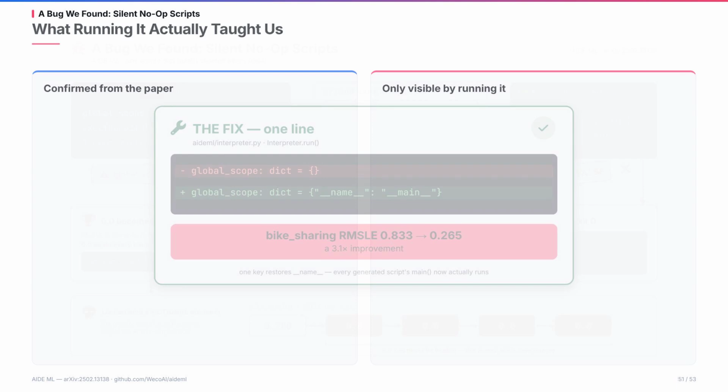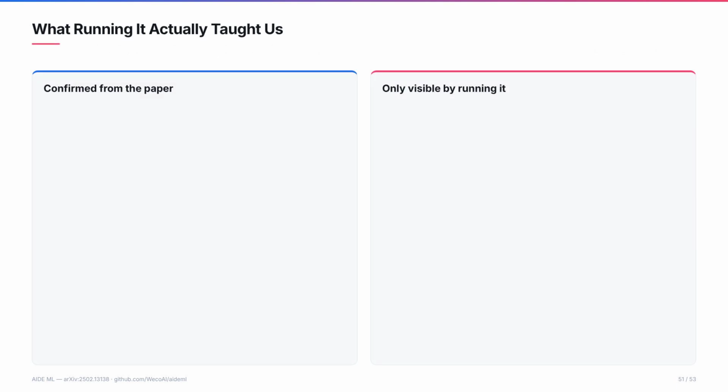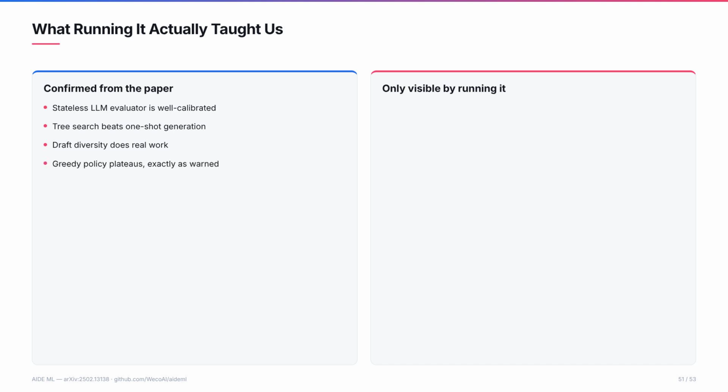So what did we learn? On the left, what the paper claims, and we confirmed. The stateless evaluator is well calibrated. Tree search clearly beats one-shot generation. Draft diversity matters. And yes, the greedy policy plateaus exactly as the authors warned. On the right, things you only discover by actually running it. Exec.timeout silently shapes the prompt.